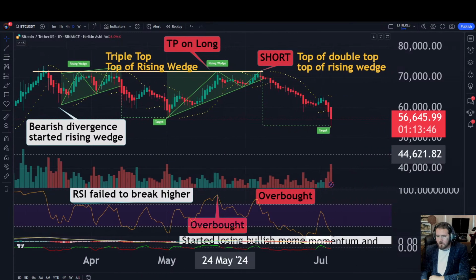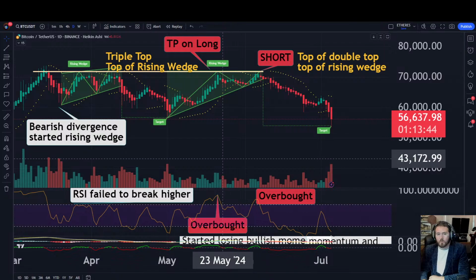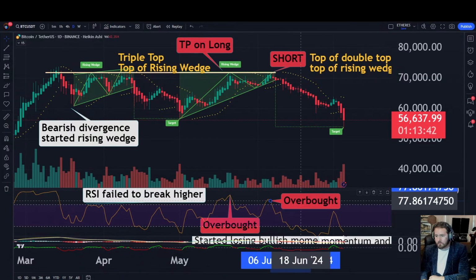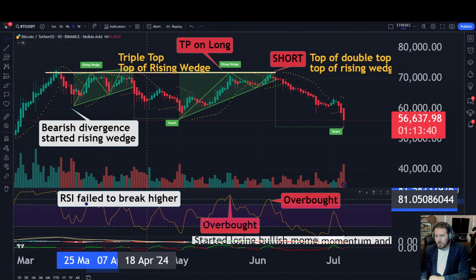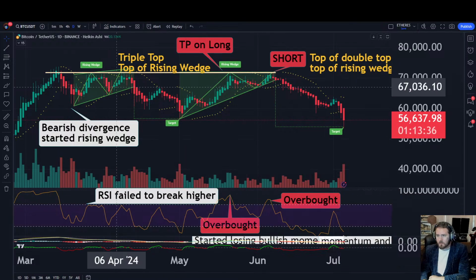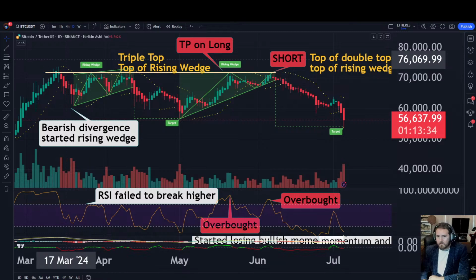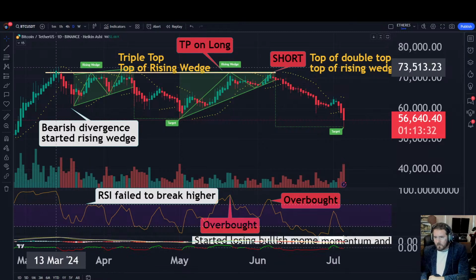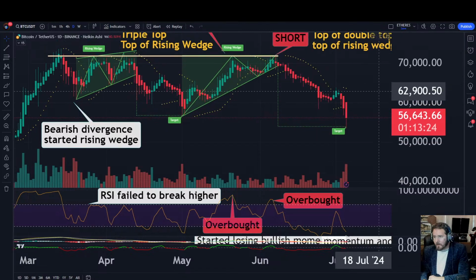Let me get this chart looking good for us over here. Make sure everything's easy to read. RSI failed to break higher. And that was at 72K price. This was the all-time high for Bitcoin right here. Let me zoom in. I'm going to get you that all-time high real quick as well.